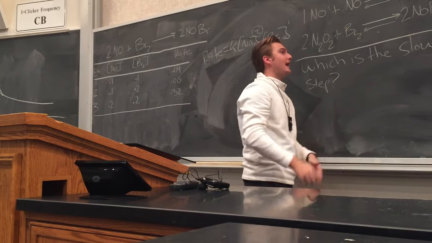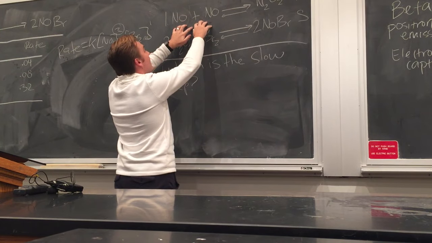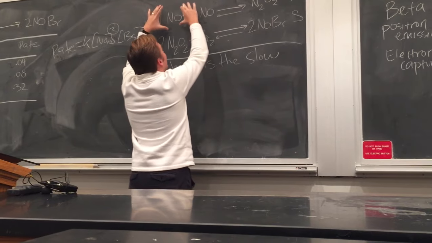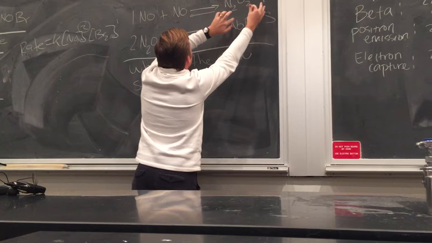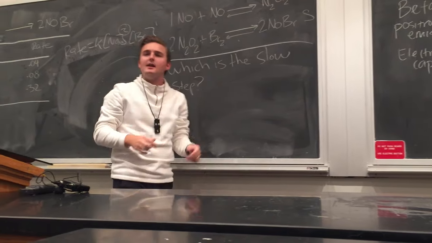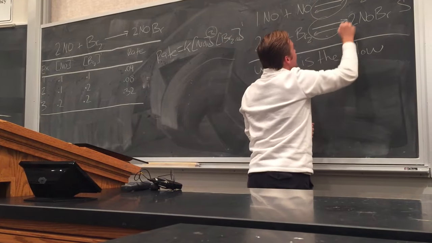So in order to do that, I go back up to this top step, and now I get into a little bit more trouble. I have to say that the rate of this direction for the top is equal to the rate as if it was going backward, almost as if I just flipped this whole equation and looked at it the other way. And I know that is true because of these arrows, right? These are equilibrium arrows.